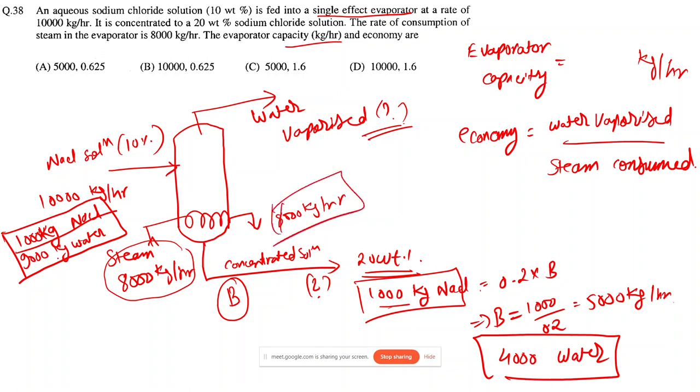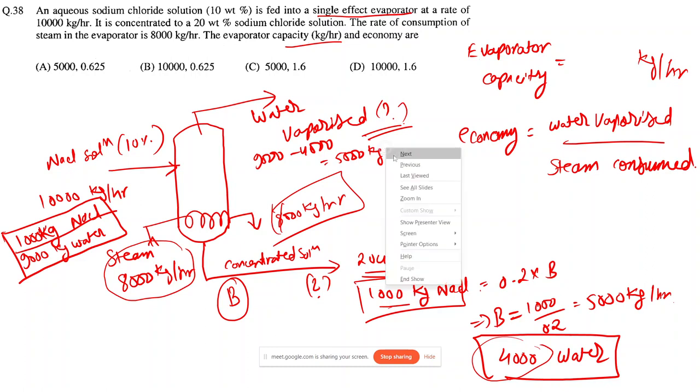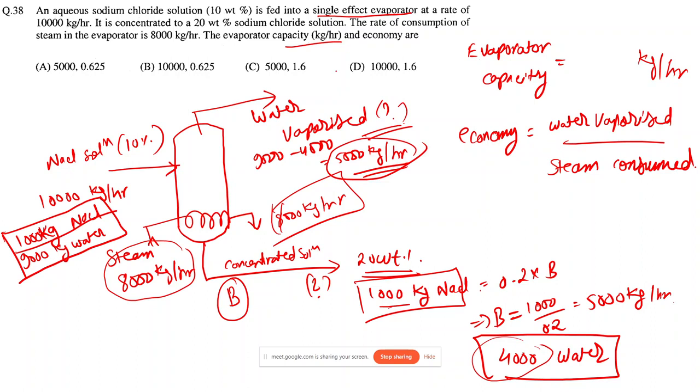But we are feeding 9000 kg water, and out of this 9000, 4000 kg of water is present in this concentrated solution, and the remaining amount of water, that is 9000 minus 4000, will be the water that has been vaporized. So 5000 kg per hour is being vaporized from this single effect evaporator.